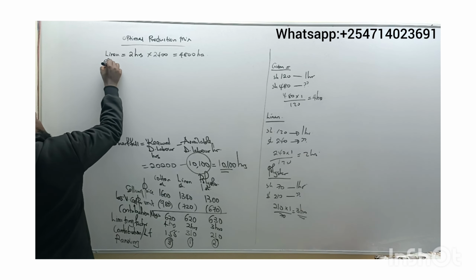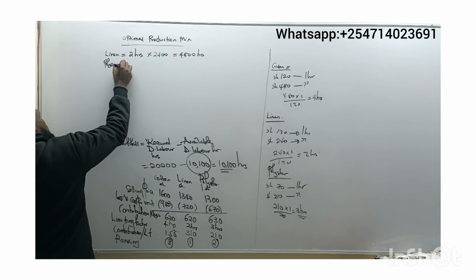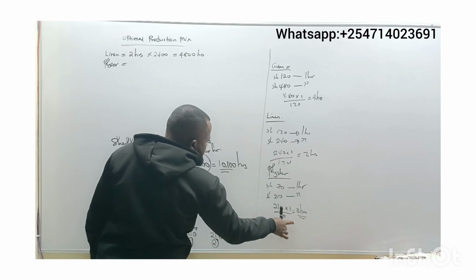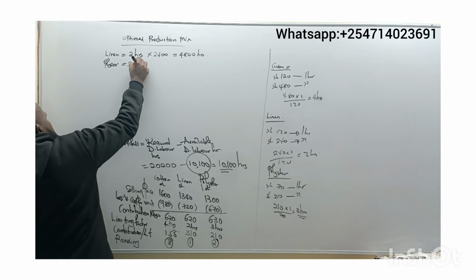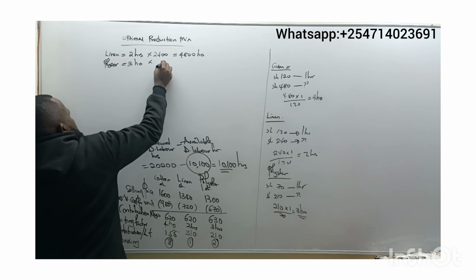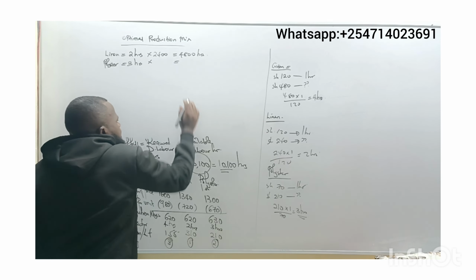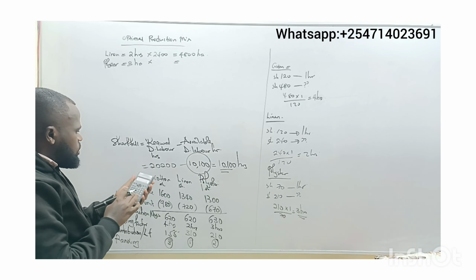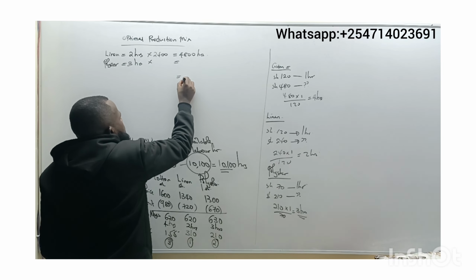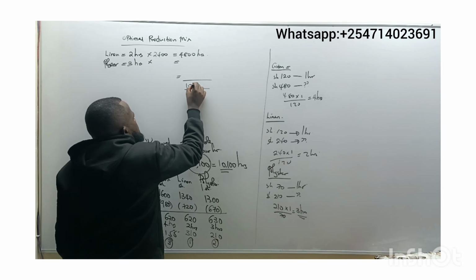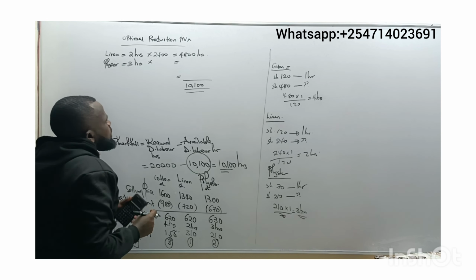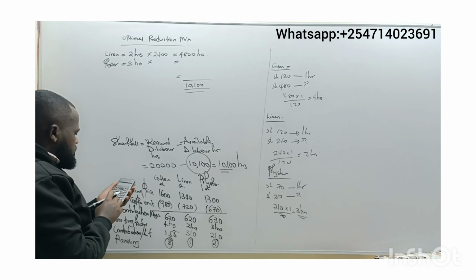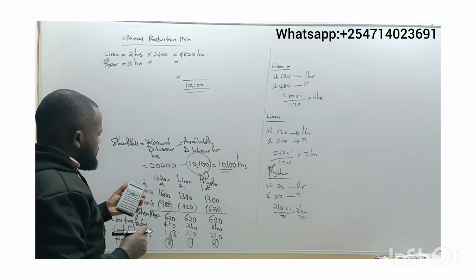The one ranked number 2 is polyester. 1 unit of polyester requires 3 hours. So how many hours are remaining so far? The total hours we should not exceed is 10,100. So 10,100 less the 4,800, you get the remaining 5,300.